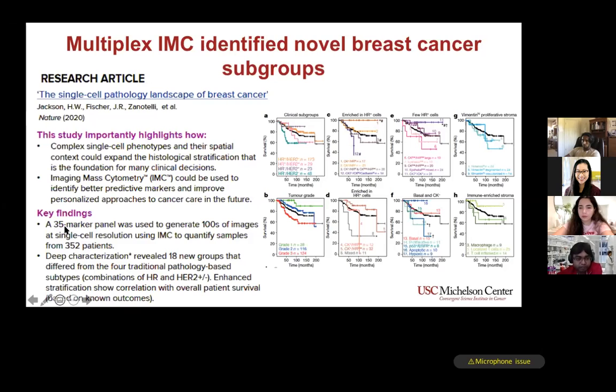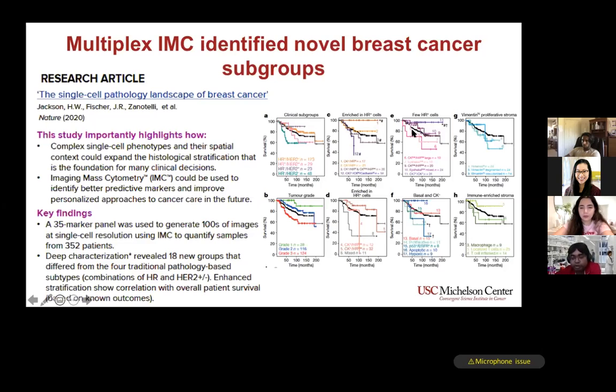They used 35 different markers labeled with metal ions, and they had hundreds of images at single cell resolution. With that, what they found is that it's not just 3 or 4 kinds of markers which could be prognostic, but there are, I think, 18 different populations that could be prognostic.